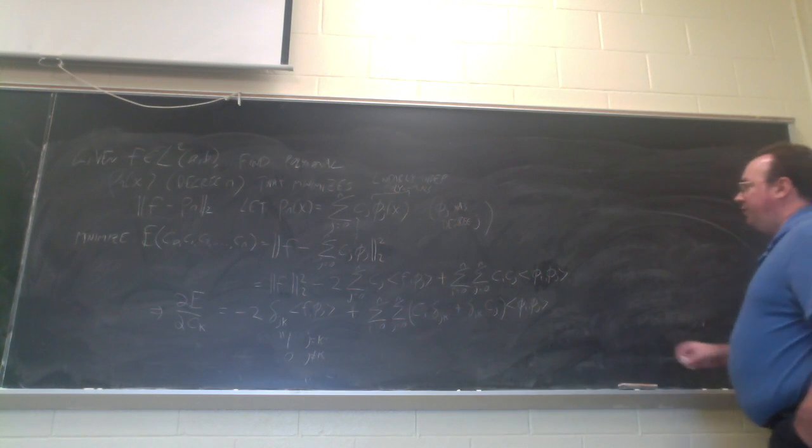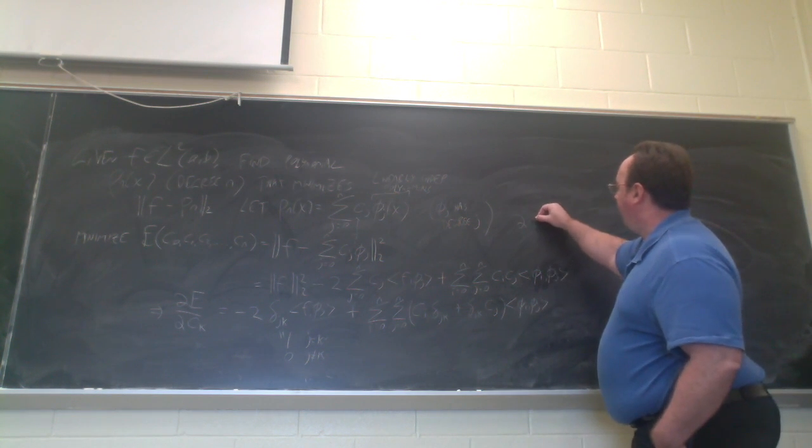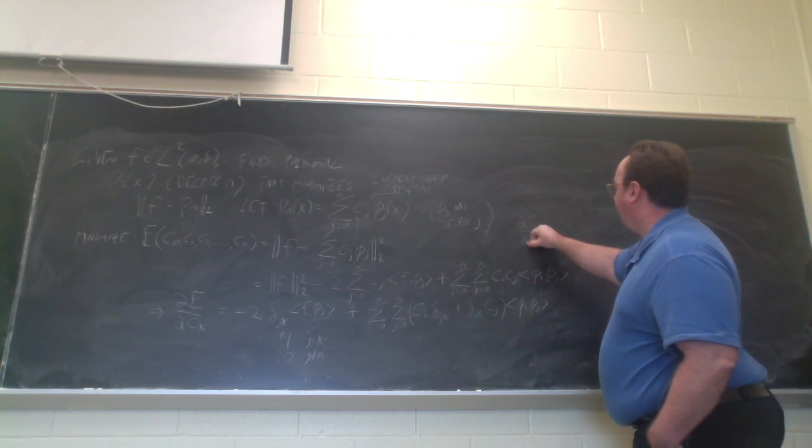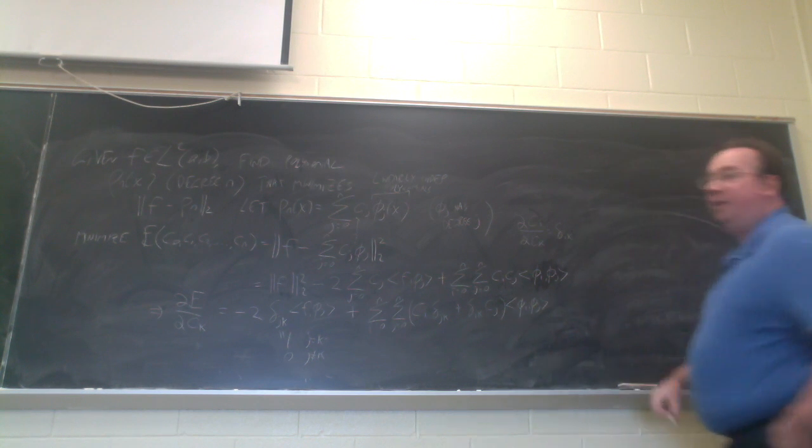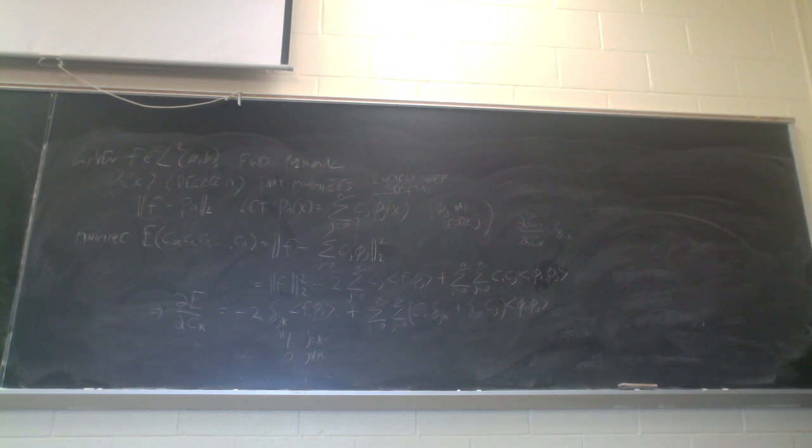So the rule I'm using is the derivative of Ci with respect to Ck is this delta ik. All right. So if the indices are equal, it's like you're differentiating x, so you get 1. Otherwise, it's like you're differentiating a constant, and you get 0. Now, I want to try to condense this.